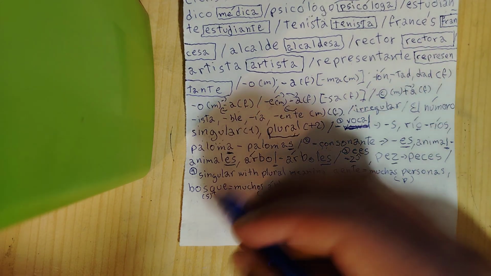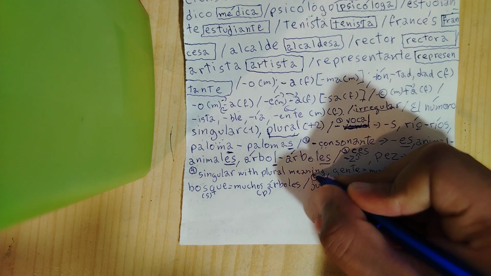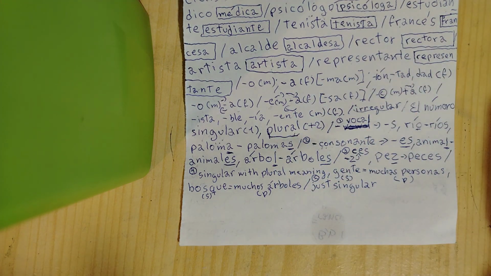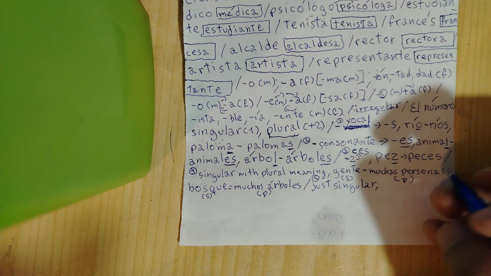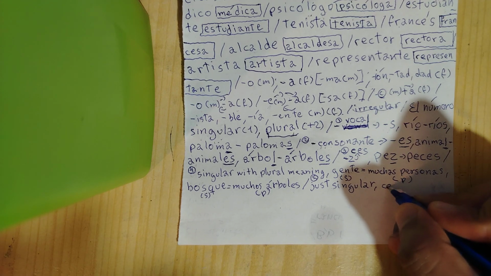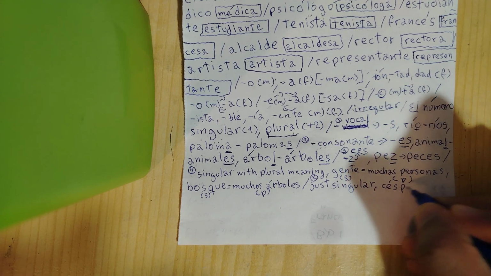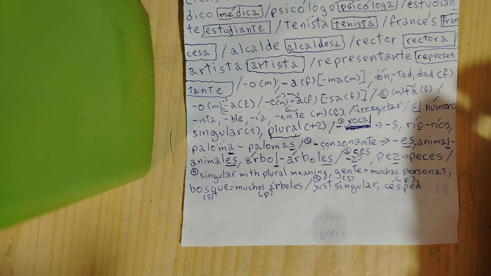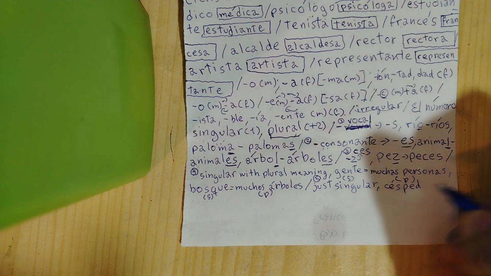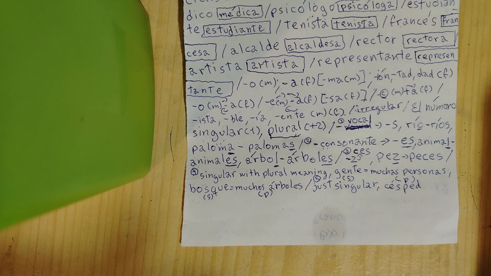Oh, sorry, that was the fourth. This is the fifth. Just singular. All right. Example: we have C, E, S, P, E, D. Césped, césped, césped, correct?